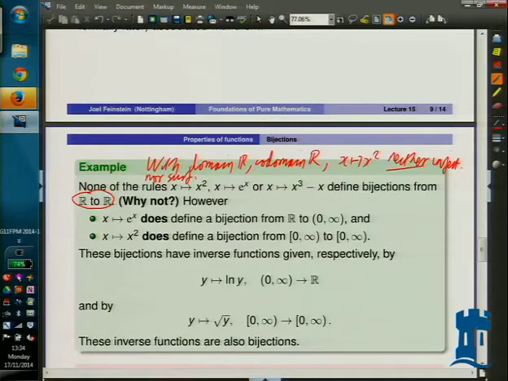E to the x is injective but not surjective. And x cubed minus x, where every line hit it at least once, that was surjective but not injective.